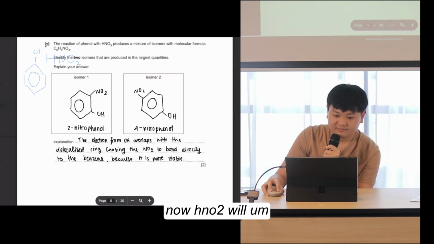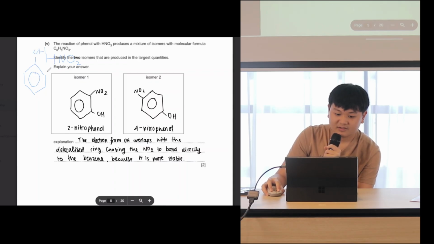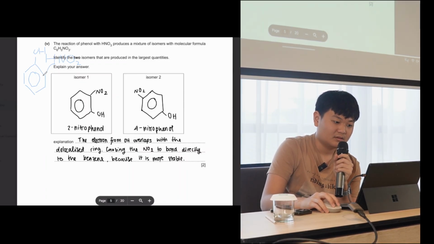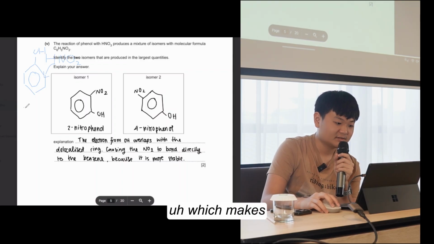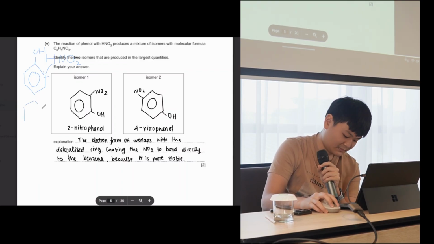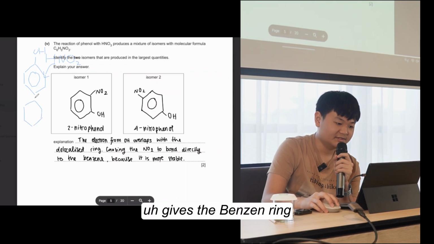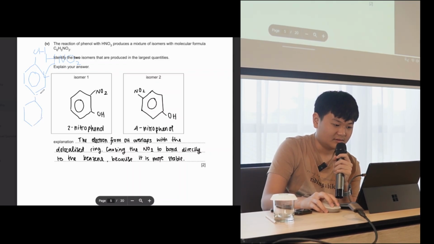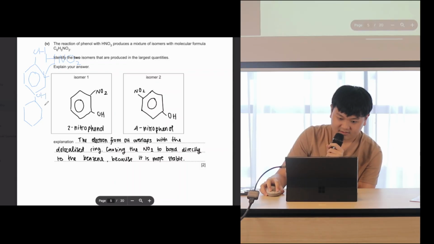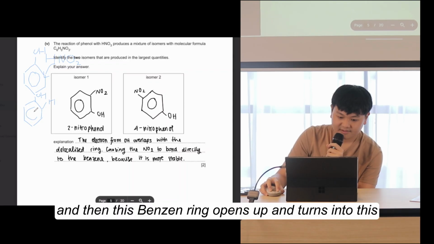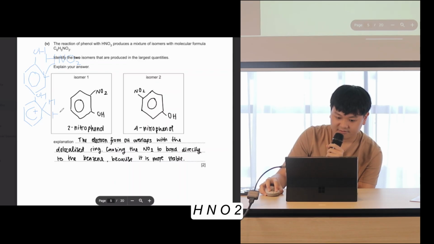Now HNO2 will give an electron into the benzene ring, so it basically forms a bond with the benzene ring, and then this benzene ring opens up, turns into this HNO2.